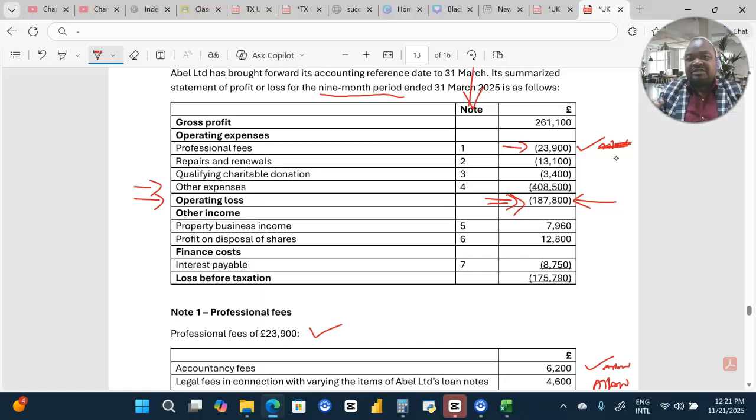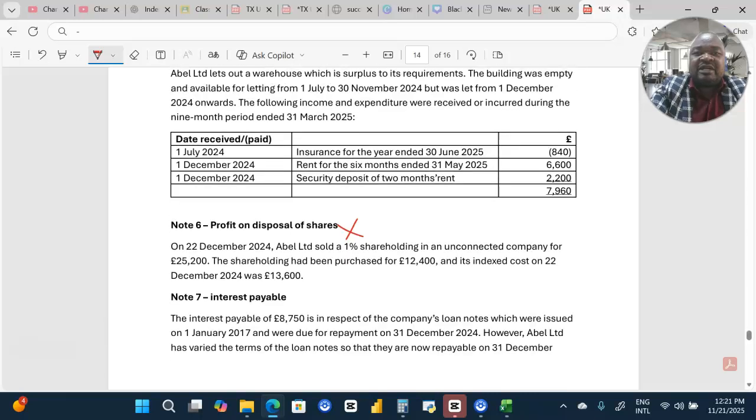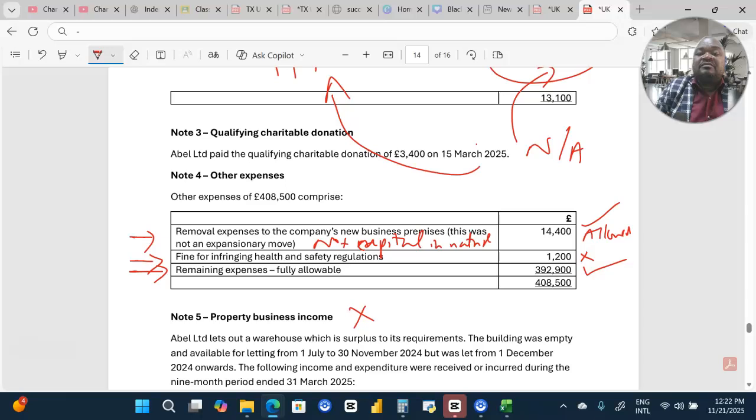There are two figures which were already deducted. So don't deduct them twice. Am I talking, friends? Good. Don't deduct them twice. Okay, so put a zero. Allowed, so you put a zero.